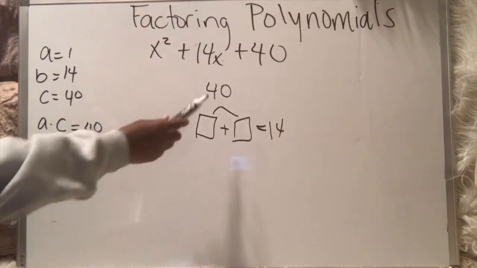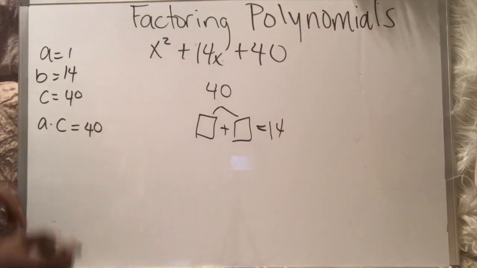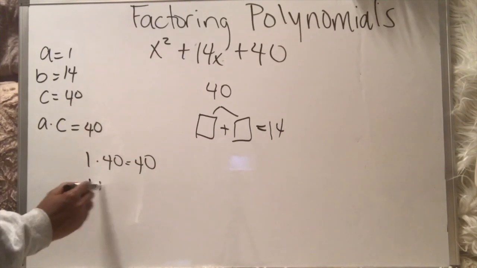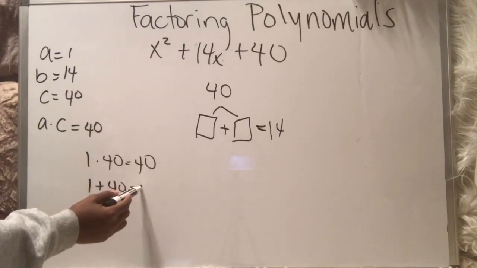So I need two numbers that multiply to give me 40 and add to give me 14. If I do 1 times 40, I do get 40, but 1 plus 40 does not give me 14.